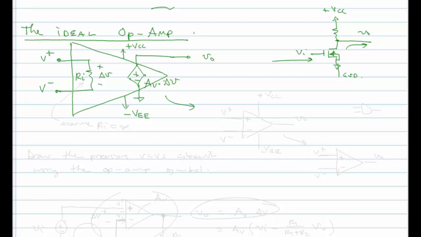So the symbol we will use for an op-amp is this, where we have negative supply, positive supply, an output, a positive input, and a negative input. And we even go further, oftentimes not even showing the power supplies.